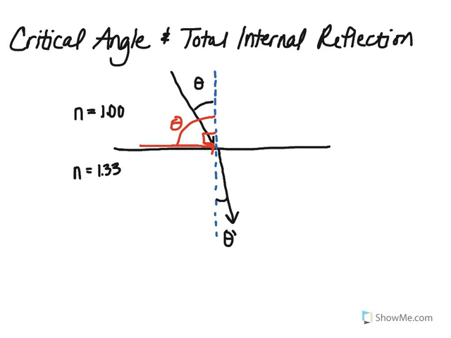But even if that angle of incidence is 90 degrees, the angle of refraction, because it's going from low index to high index, is going to be smaller than 90 degrees. So when you're going from low index to high index, the angle of refraction is always going to be less than 90 degrees.